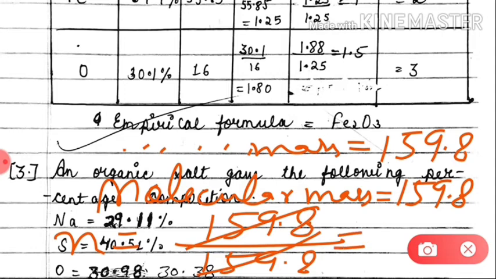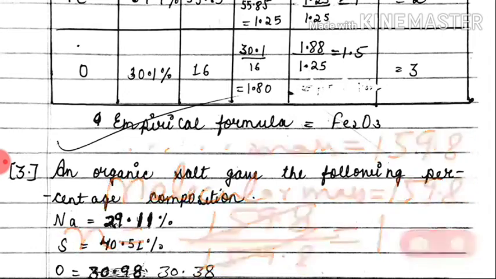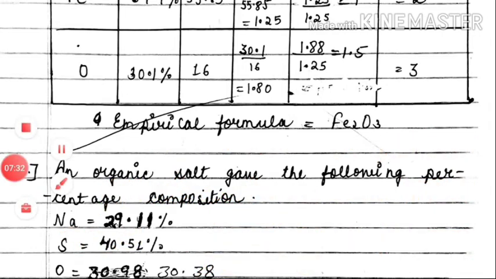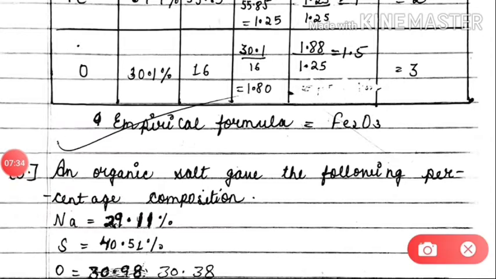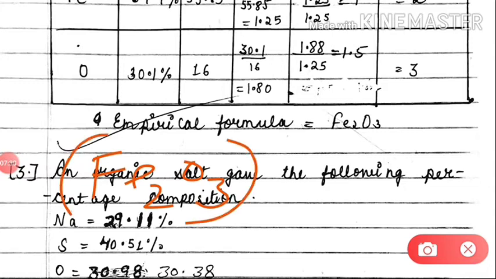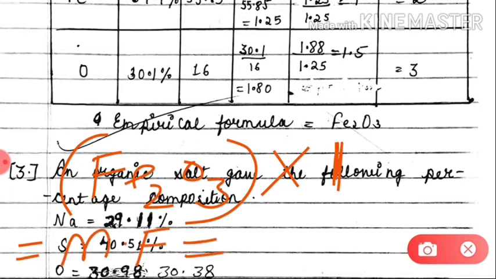When we divide, we get 1. So the empirical formula is Fe2O3, then we multiply with that number n, and n is 1. So the molecular formula and the empirical formula come the same in this, and that is Fe2O3.